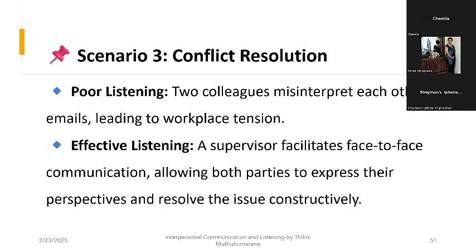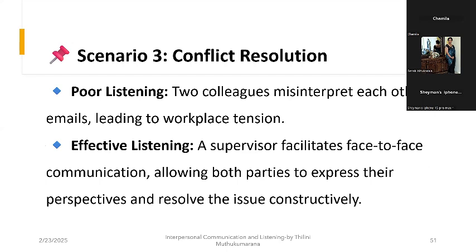And also, sometimes you can use listening to avoid conflicts, right? So in your life also, two colleagues can misinterpret each other's emails, leading the whole workplace into tension.